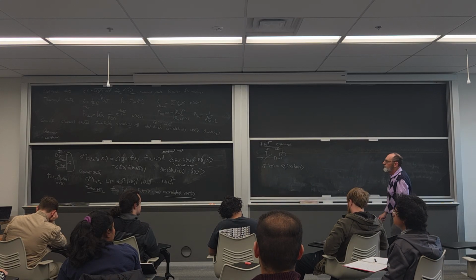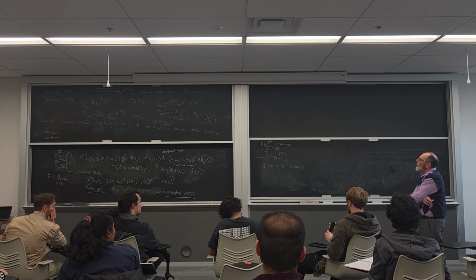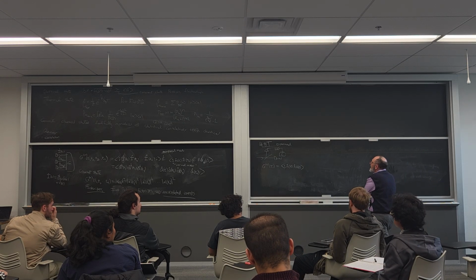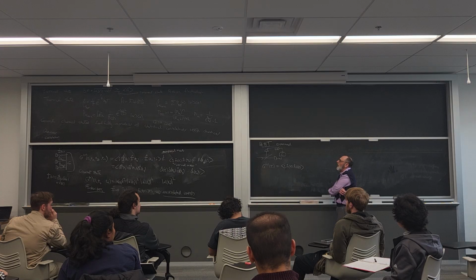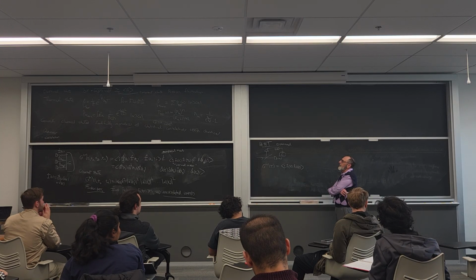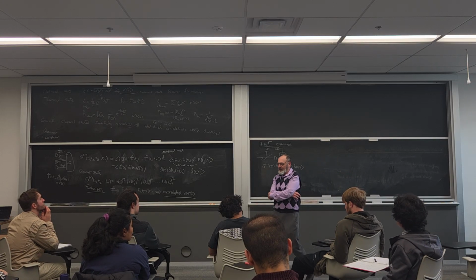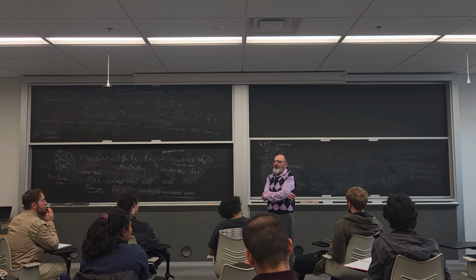Yeah? This is the experiment that mandated the quantization of the field? Not really. In a sense, the original Hanbury Brown and Twiss experiment was not done at the single photon level, right?